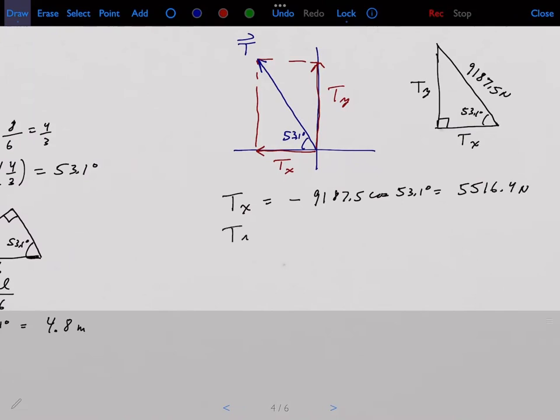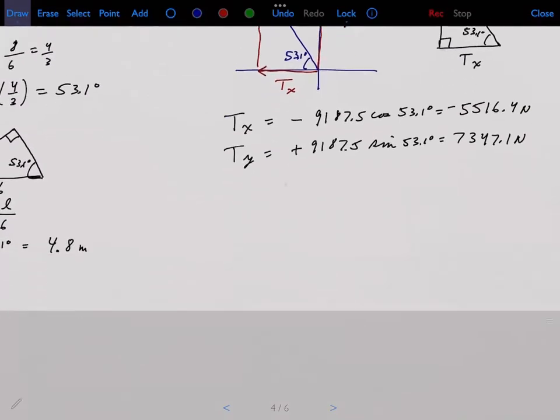And then the y component will be positive 9187.5 times sine of that angle. That turns out to be, so this one is negative, 7347.1. So 7,347.1 newtons.